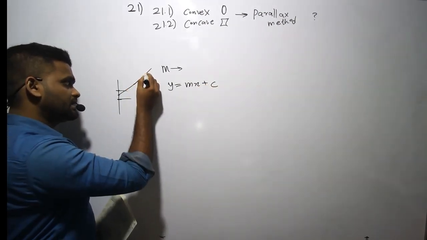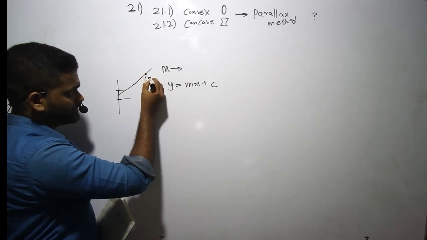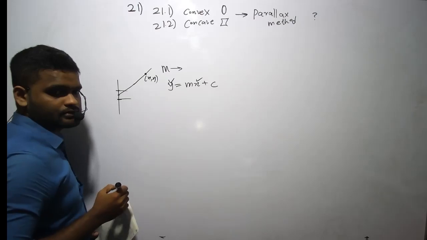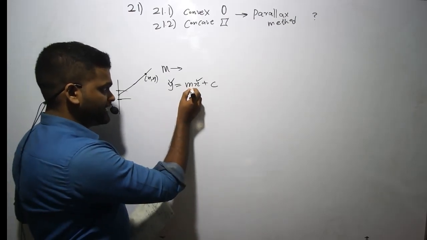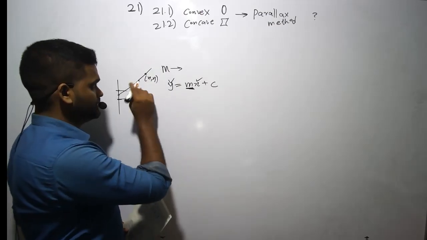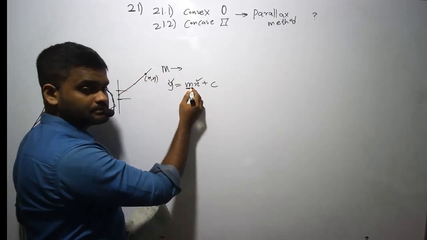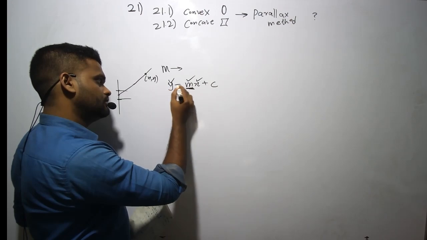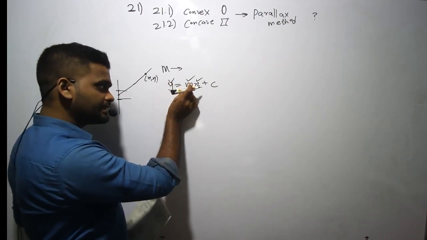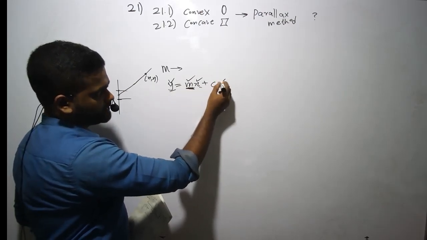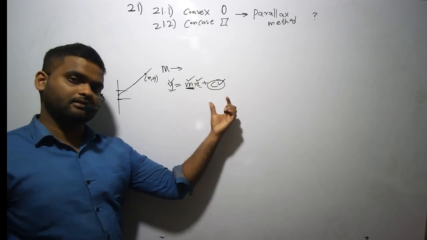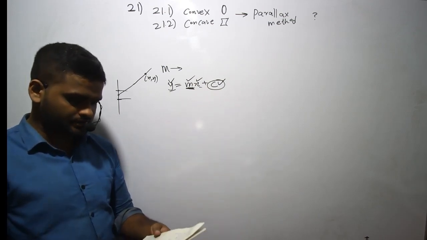So let's say you have a clear coordinate here. Then you know the values of x and y. You can substitute x and y values, right? Then this m value also you can find using the graph. Using two coordinates, you can find m, right? So if you know these three values, you just substitute one coordinate and the gradient, then you can find the intercept. So this is a more scientific method to find the intercept accurately, right?